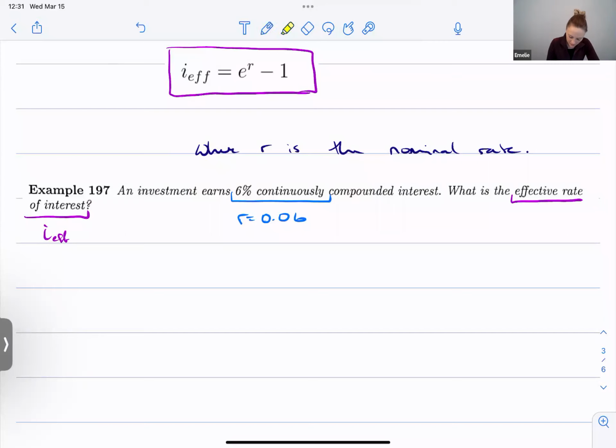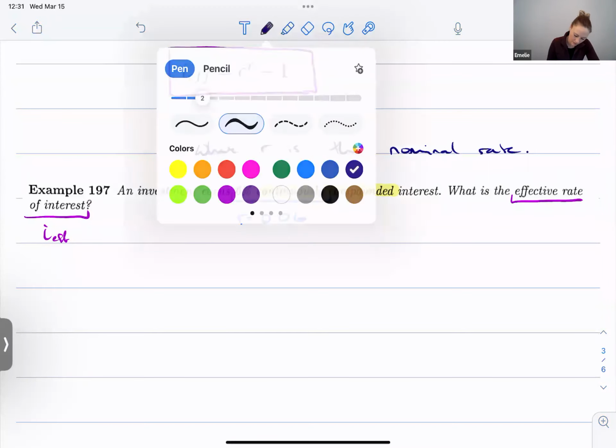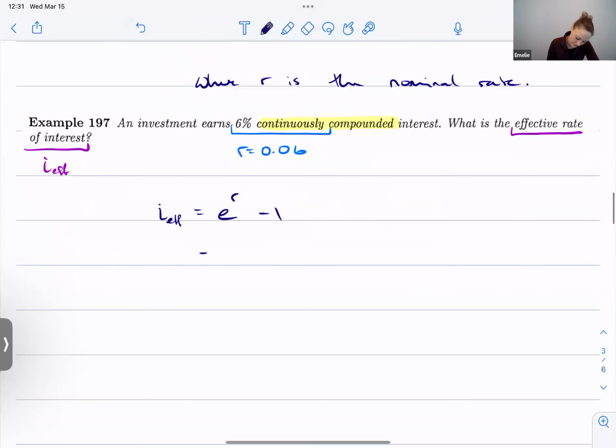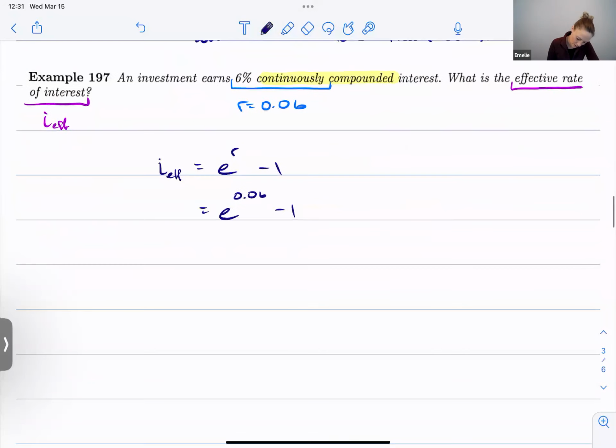When it's continuously compounded, it's that special case. So the effective interest rate is e to the R, then minus 1. Now in this case, it's e to the 0.06, then minus 1.